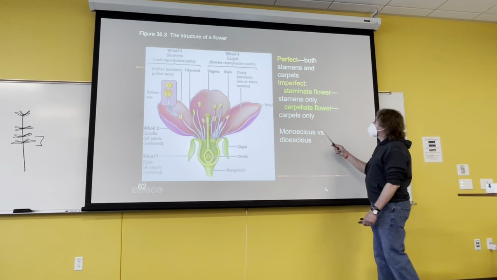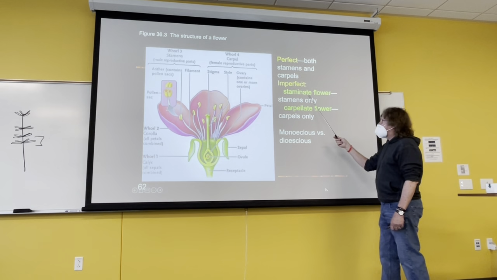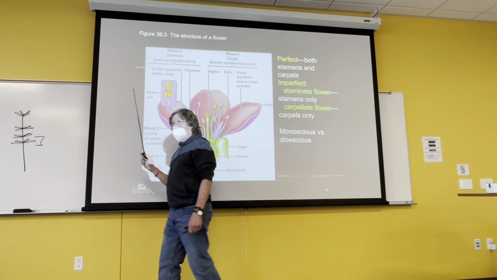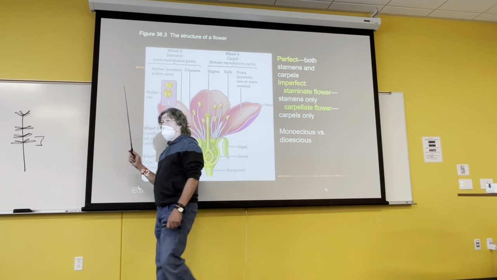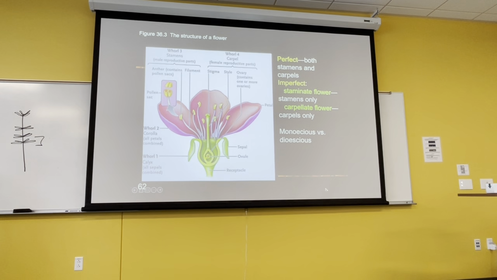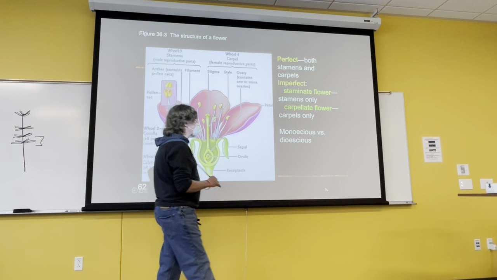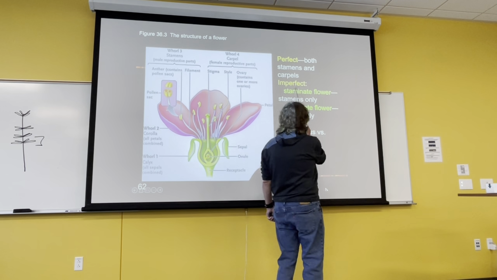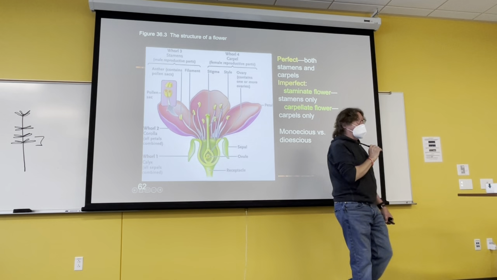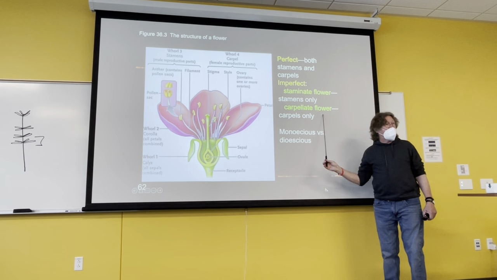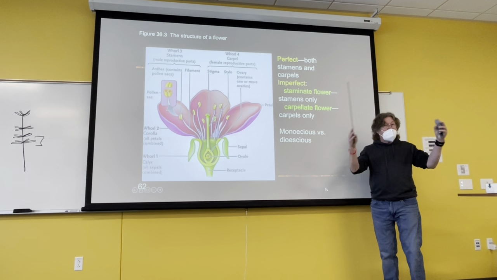And it can either be a staminate flower, where it just has the stamens but not the carpel, or a carpellate flower, where it has the carpel but not the stamens. Now, one interesting little complexity in flower structure is that one individual plant may produce both staminate and carpellate flowers, in different locations.